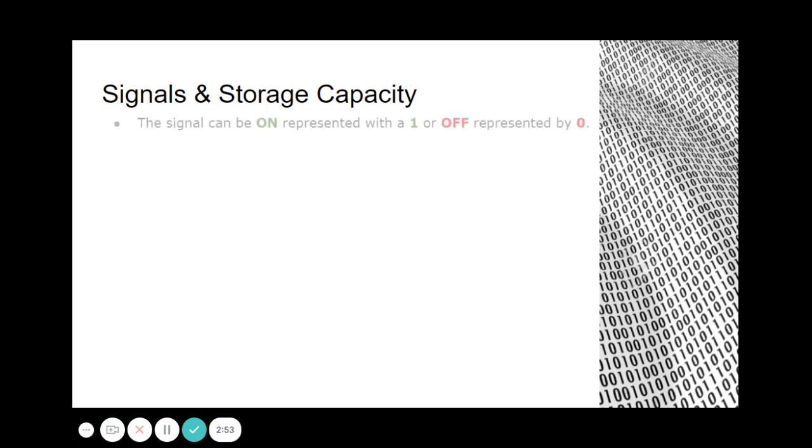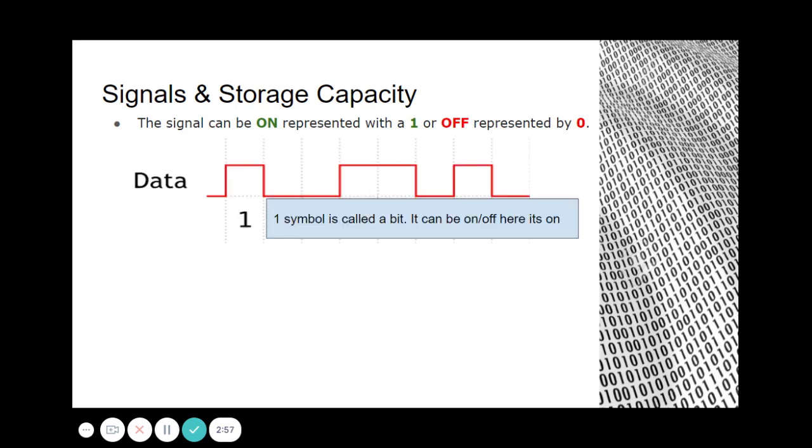Let's break that down a little further. If a signal can be either on or off, let's look at some vocabulary that goes with that. Here we have our data, and I covered up the other signals for right now. If we only have one signal or symbol, like in this case the symbol 1, which represents on but could be off, we call that a bit, B-I-T.